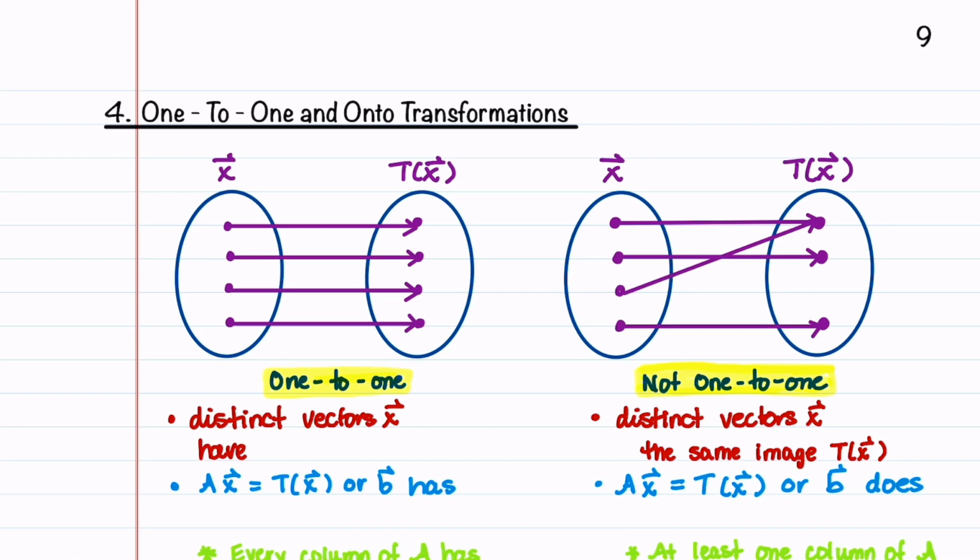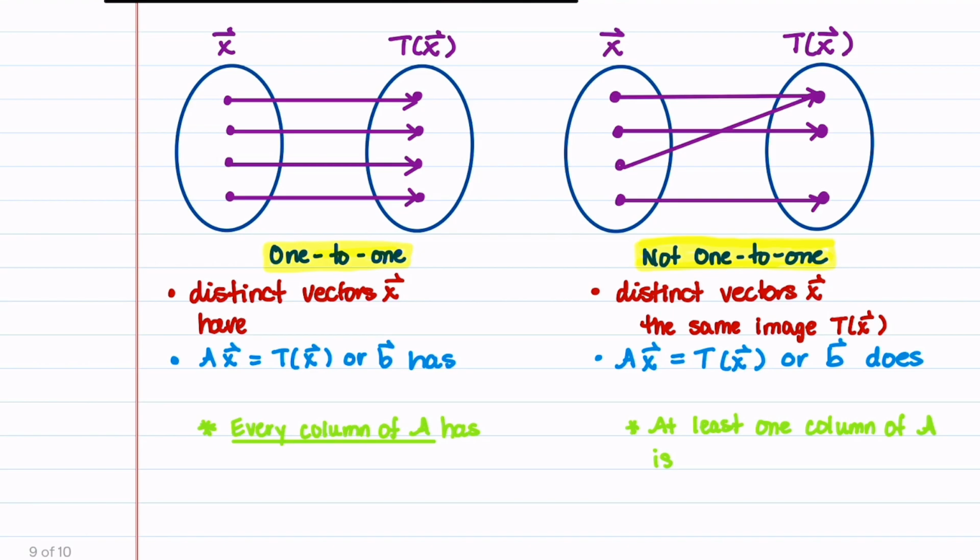The last topic in this review is one-to-one and onto transformations. If we have a transformation that is one-to-one, distinct vectors x have distinct images T of x.